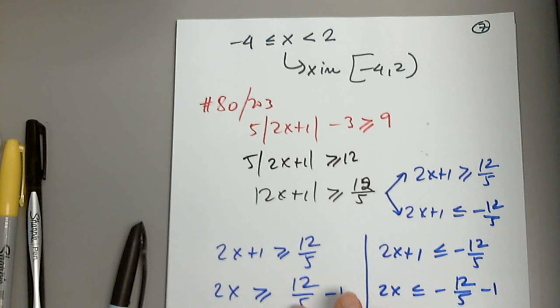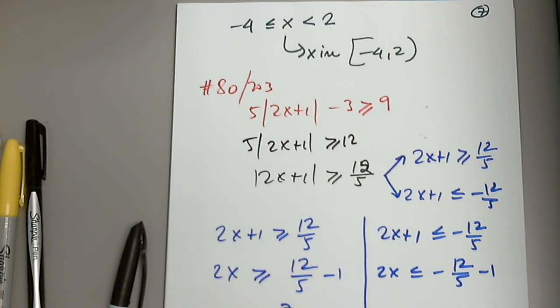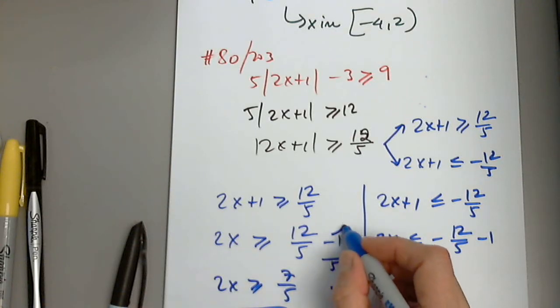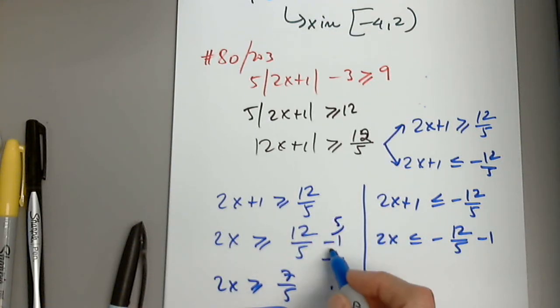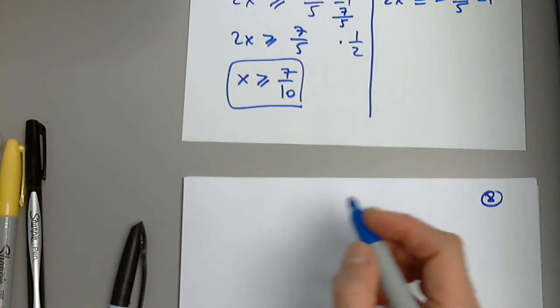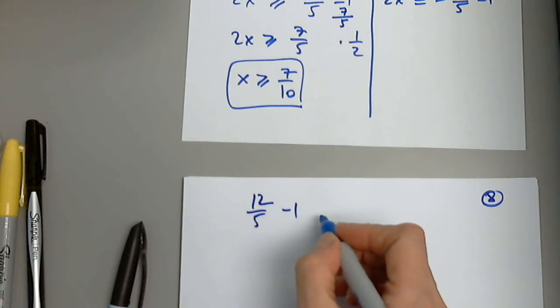I cannot subtract or add fractions that don't have the same denominator. I did, I multiplied by 5 first. That's fine. So then you find the least common denominator, and then you change this into 12 minus 5, which is 7. Okay, so let's go back here for a second. So 12 over 5 minus 1.